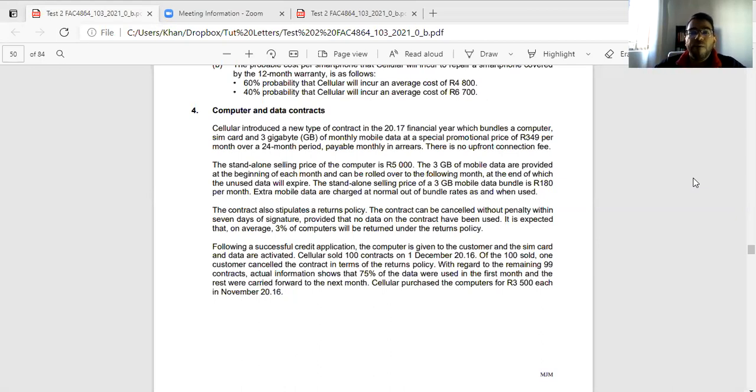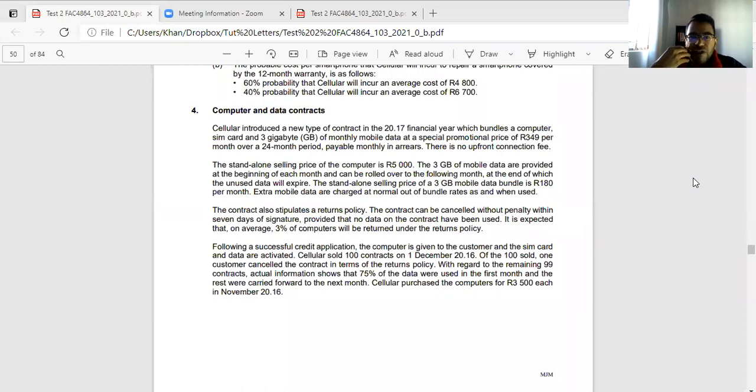Okay. But with a computer, once again, they won't cut the computer up into 24 months. They're not going to transfer the computer physically to you over 24 months. Okay, you get the computer up front. So you get the computer on day 1. Let's assume, we don't know when day 1 is, but let's assume day 1 is 1 January 2017.